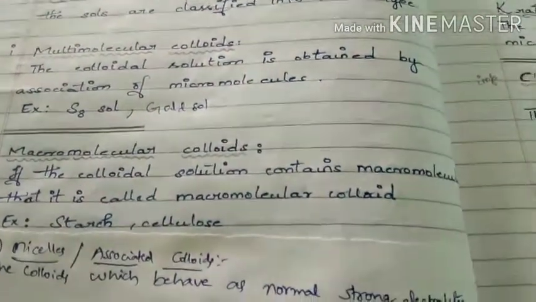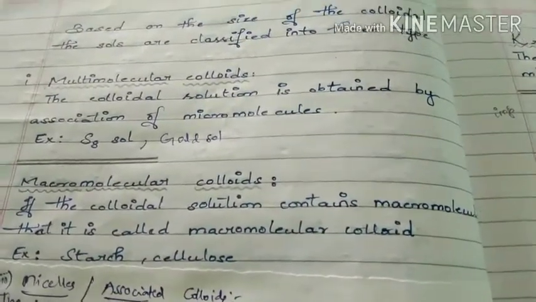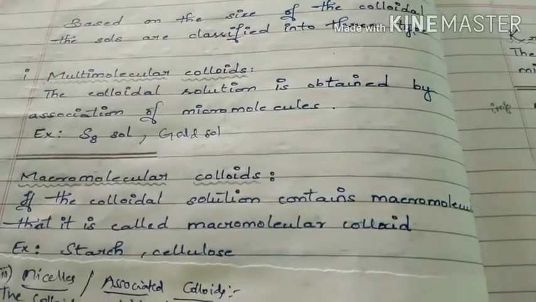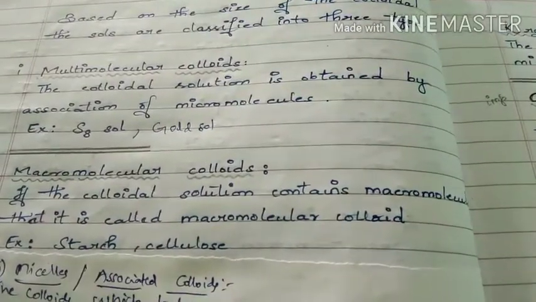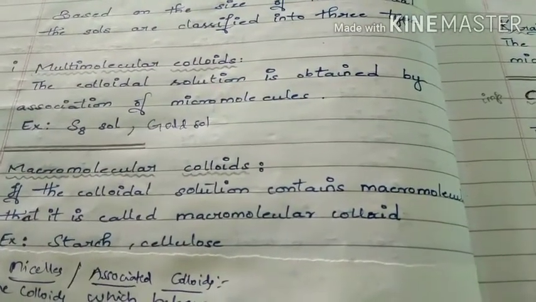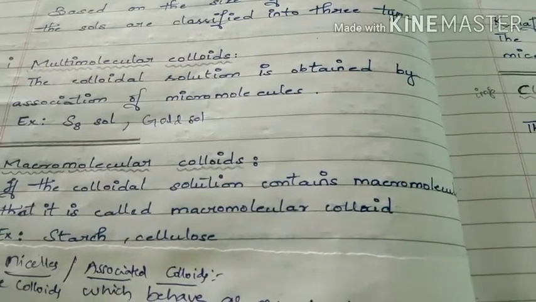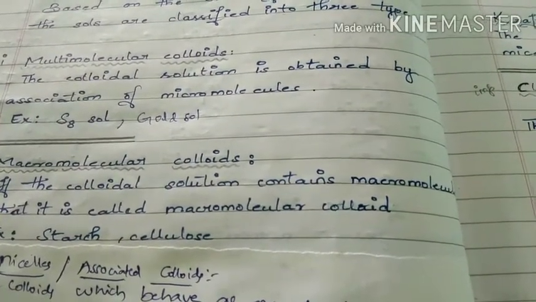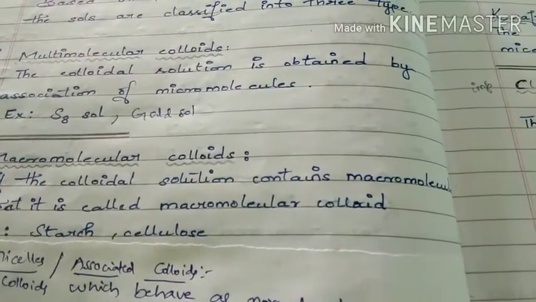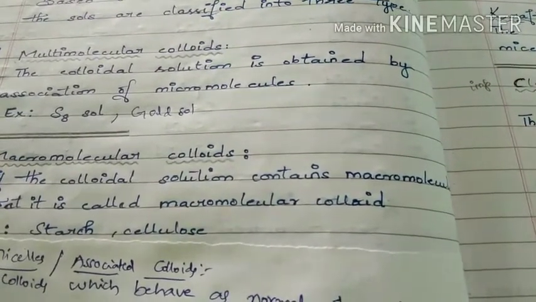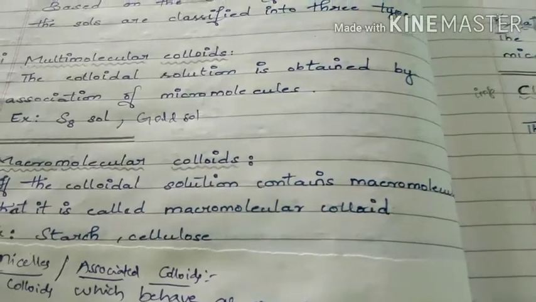First one is multimolecular colloids. These colloids are formed by association of micromolecules. Association means aggregation of micromolecules. Suppose gold particles are present in the dispersion medium, then all the gold particles come close to each other.